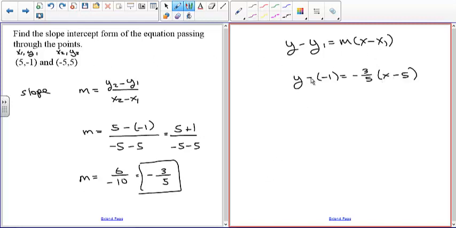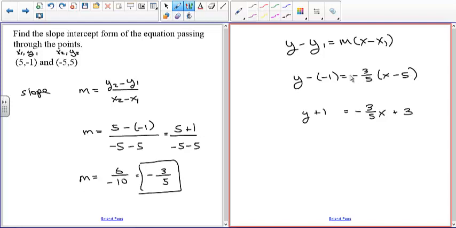Okay, first thing, the additive inverse of negative 1 is positive 1. Let's go ahead and multiply it. So we're doing two things. We're dealing with this negative of a negative, and then we're going to multiply out these terms. So you're going to have negative 3/5 x, and negative 3/5 times negative 5. So that ends up being positive 3.